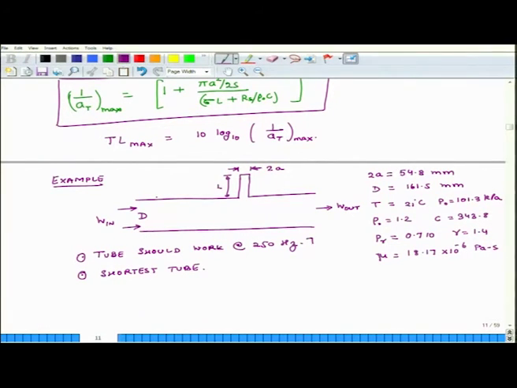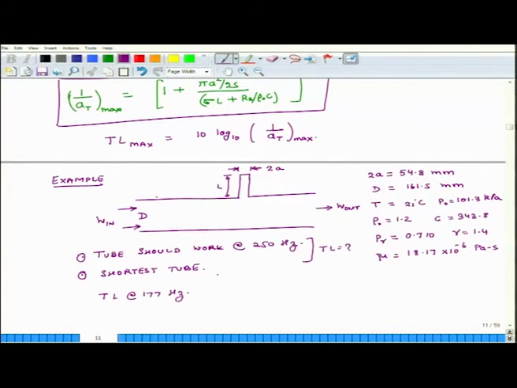So, for these conditions we have to figure out what is the TL, transmission loss, and then once we have designed the tube, that is once we have figured out the length of the tube, for that length of the tube we also want to know what the transmission loss is at 177 hertz.